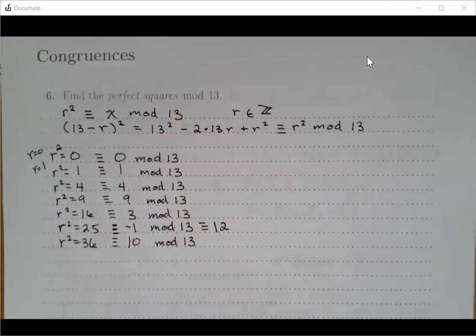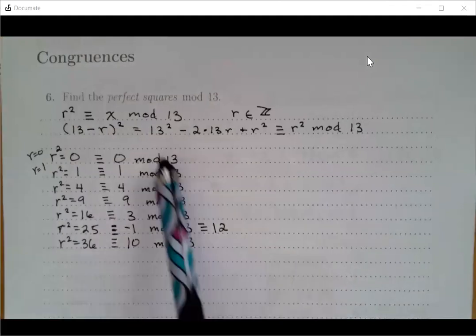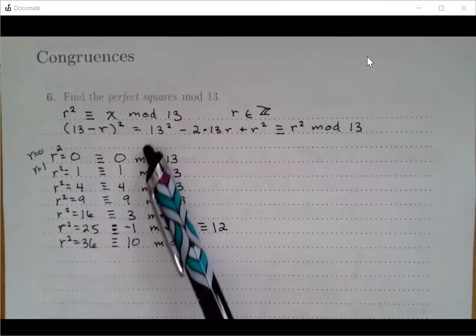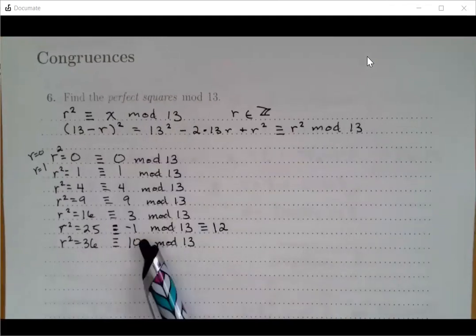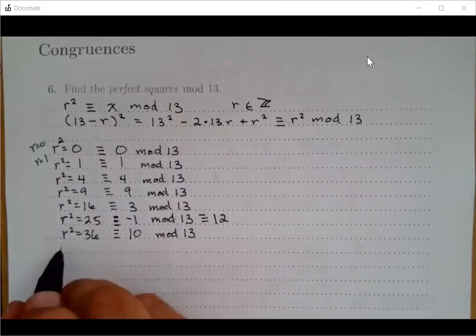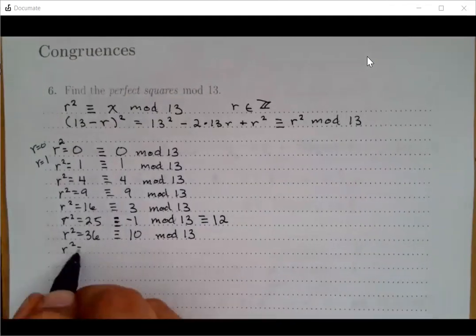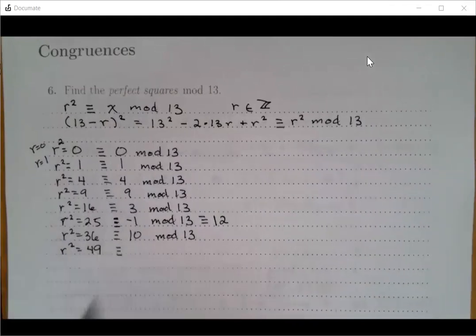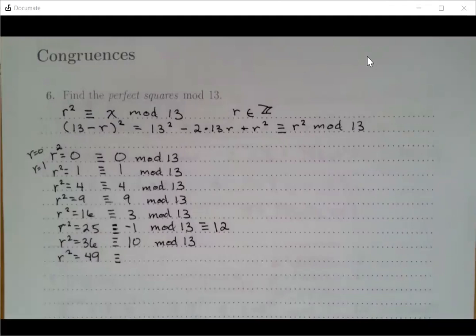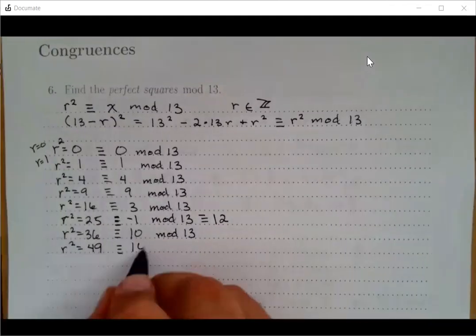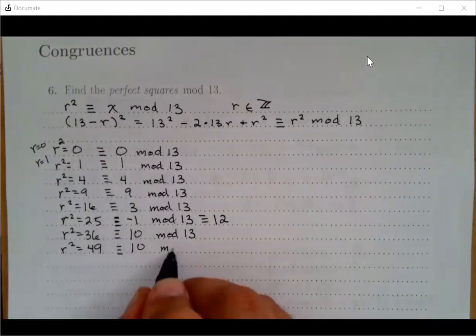Now, this is why we should be able to say these are all of the equivalence classes. If r squared is equal to 49, well, 49 is 10 more than 39, so that's 10 mod 13.